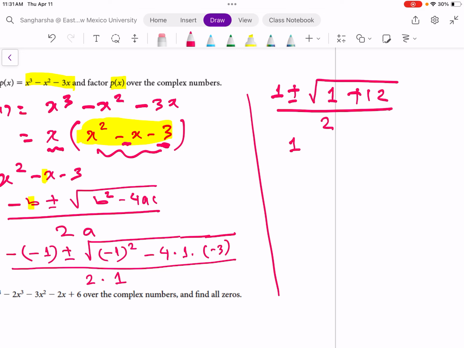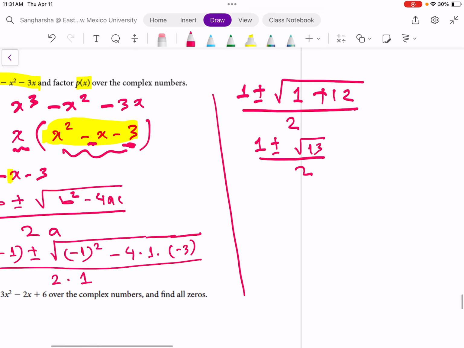So we have 1 plus or minus square root of 13 divided by 2. If you take positive, we have 1 plus root 13 divided by 2. If you take negative, we have 1 minus square root of 13 divided by 2.